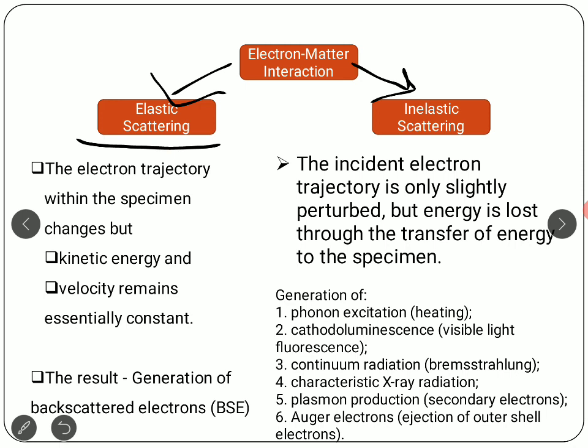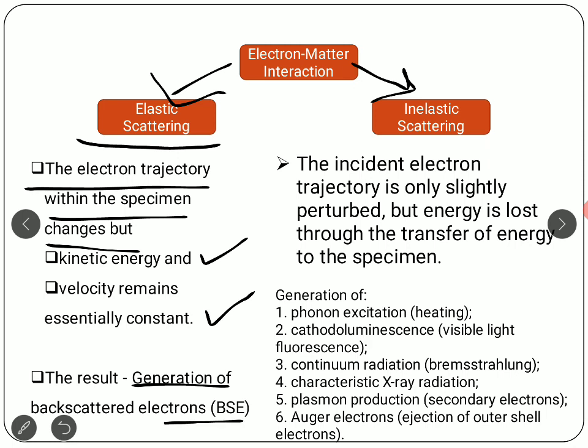The electron trajectory within the specimen may change, but in elastic scattering, theoretically the kinetic energy and the velocity remain essentially constant. If there is slight variation, we usually consider that to be almost elastic for all experimental studies, as that doesn't differ much from the main result. The result will be nothing but the generation of backscattered electrons.